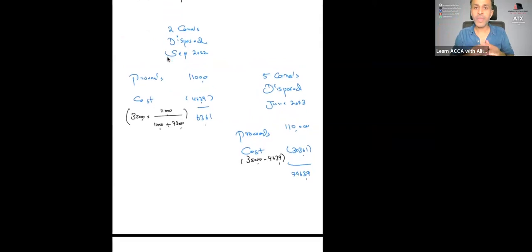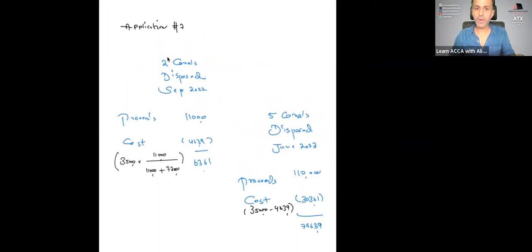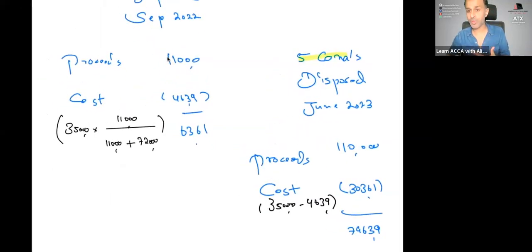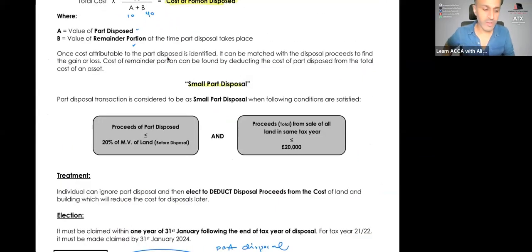So this is when the election is not made. You calculate the gain on the disposal of a part, and the formula is A over A plus B. And then you deal with the remainder portion whenever it has been sold. How to calculate the cost of the remainder portion? Take the total cost, subtract what you have already assigned, and find the remainder to be used. This is part disposal when an election is not made.